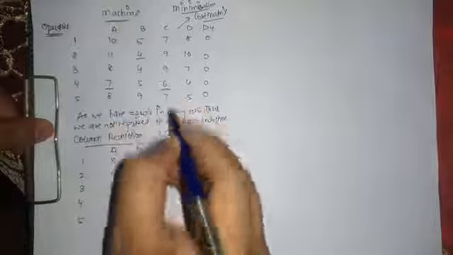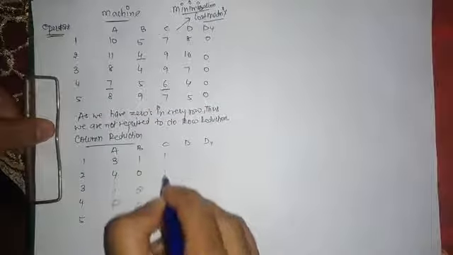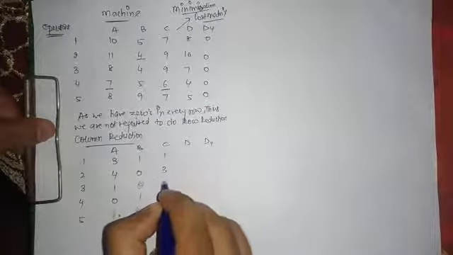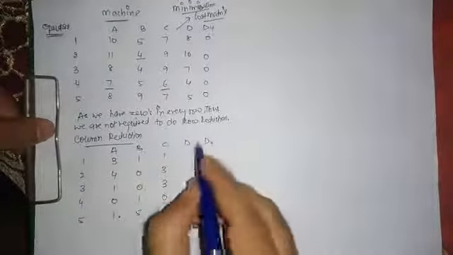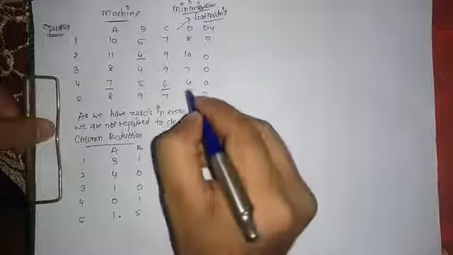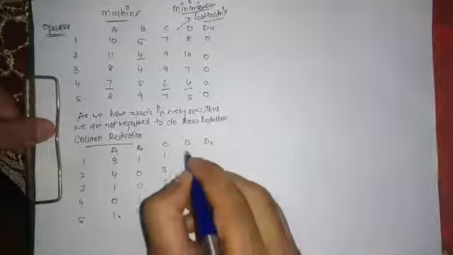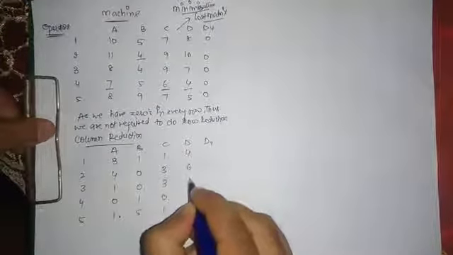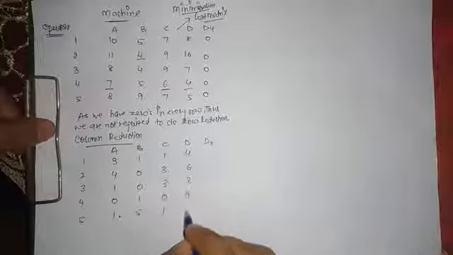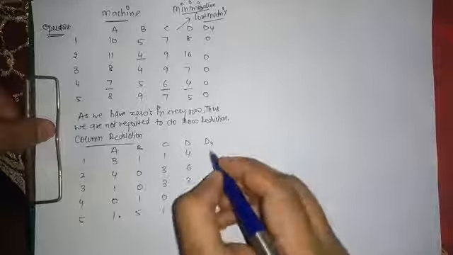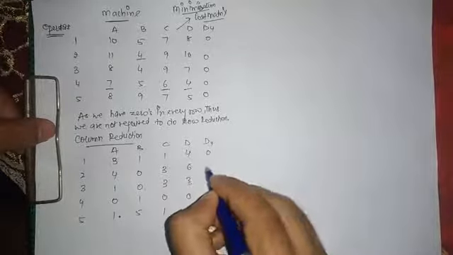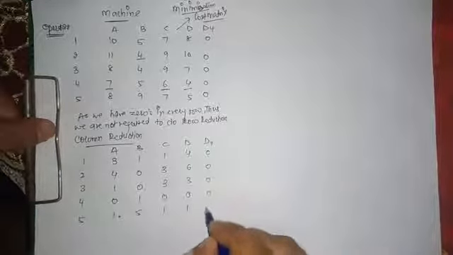The smallest element is 6. 7 minus 6, 1; 9 minus 6, 3; 9 minus 6, 3; 6 minus 6, 0; 7 minus 6, 1. The next smallest element is 4. 8 minus 4, 4; 10 minus 4, 6; 7 minus 4, 3; 4 minus 4, 0; 5 minus 4, 1. And the values for the fifth column, that is D4, will remain the same because 0 minus 0 is 0.